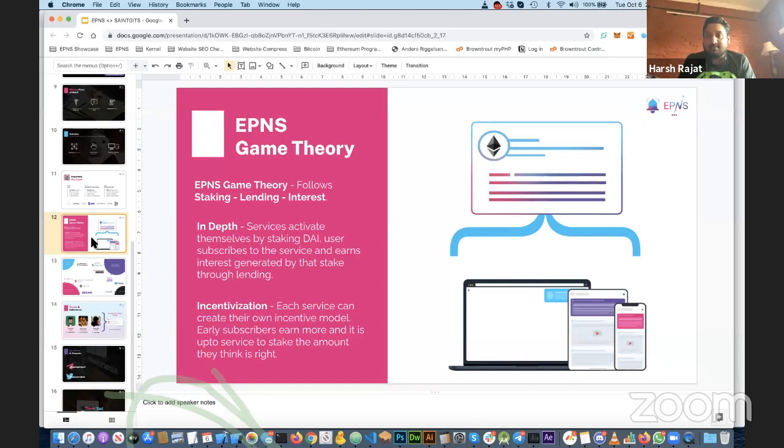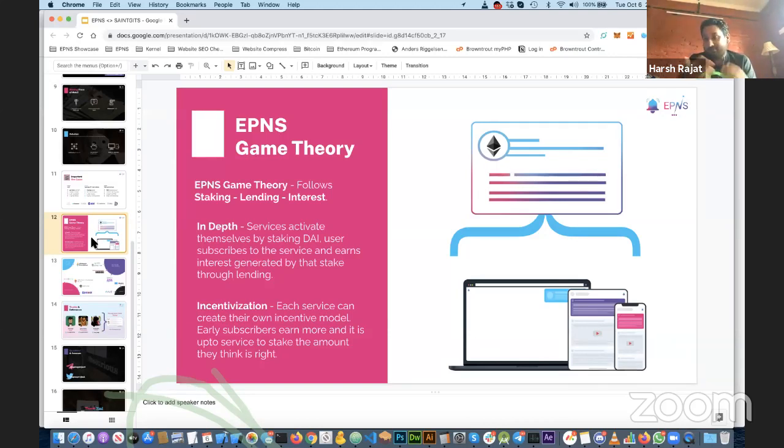In essence, before services can send a notification out to the user, they have to stake some amount of crypto in our protocol. This is totally refundable, but it is used to make sure that the service is serious about sending notifications to the user, and it is also used to ensure that users are rewarded for their engagement.